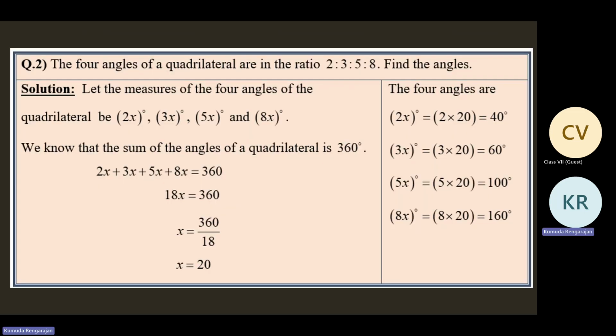This is the alternate solution. Please write on this also. Same question, alternate solution.